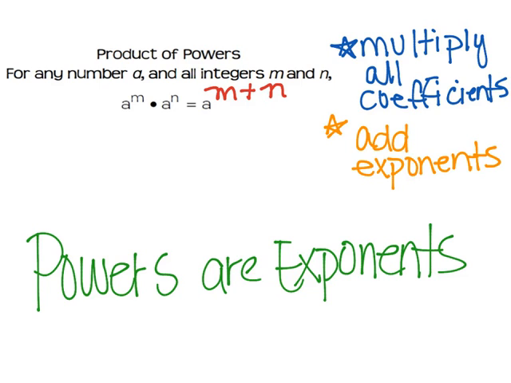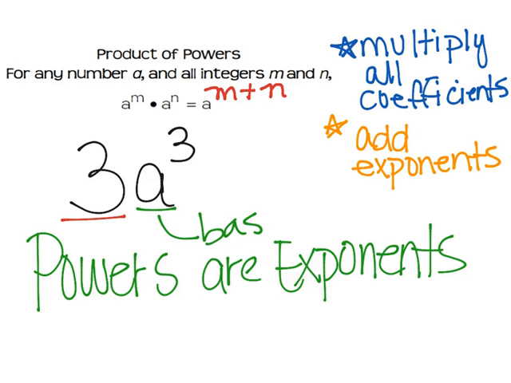So if I had an example such as 3a to the third, or 3a cubed, the 3 would be my coefficient, the a would be my base, and the 3 would be my power or exponent.